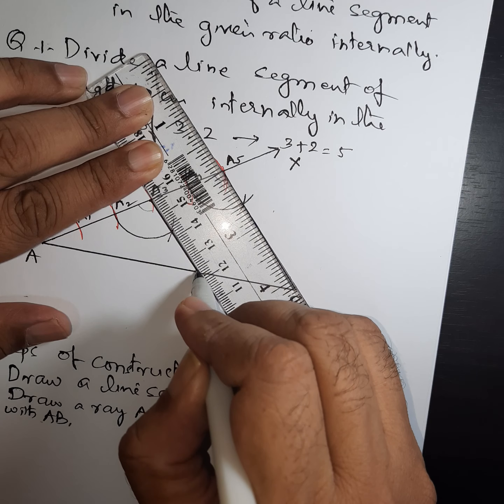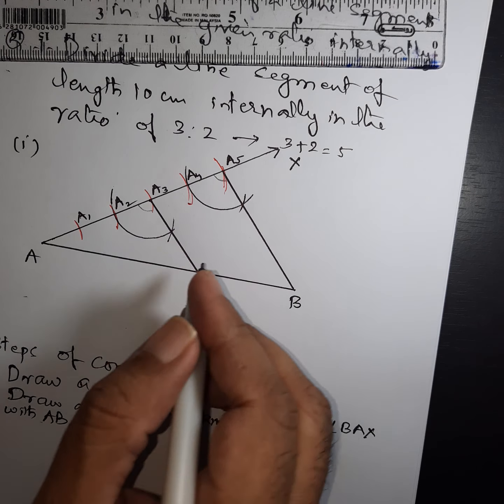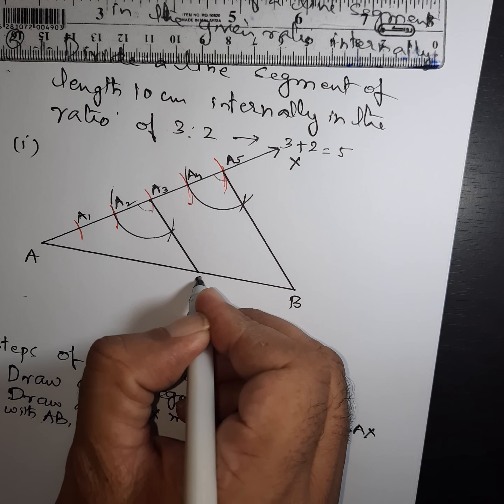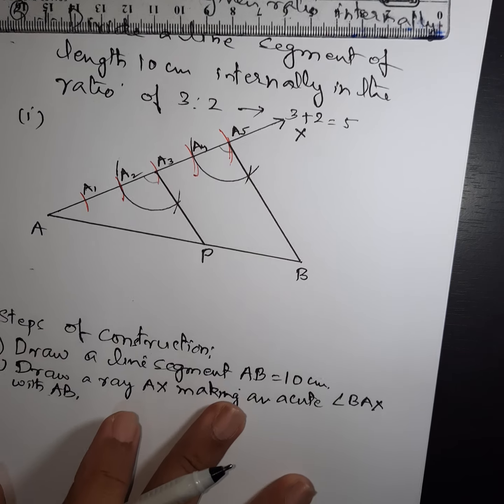So this line A3, or you can take this point P, A3P is parallel to A5B.